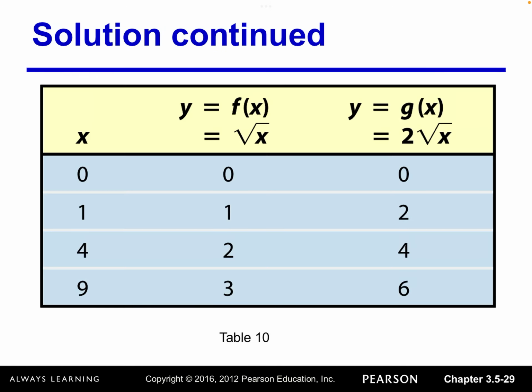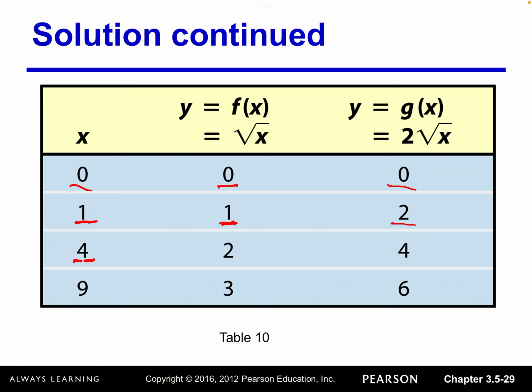Let's look at the points. For the original square root function, we have 0, 0. After vertical stretch by 2, x remains the same and y times 2: 0 times 2 is still 0. When x equals 1, square root of 1 is 1; now y multiplied by 2 is 2.